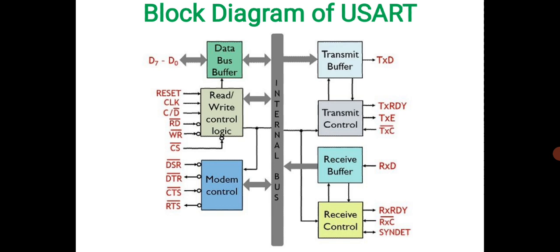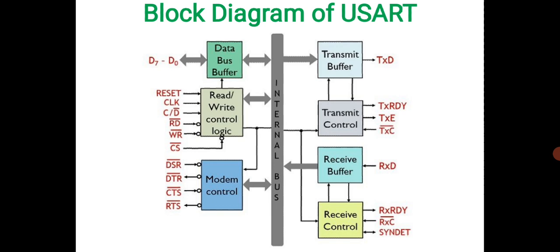Coming to the read write control logic, here we have 6 control signals associated. One is reset, the other is clock, the next is control/data, where control is active high and data is active low, then the read signal, write signal, and chip select signal.